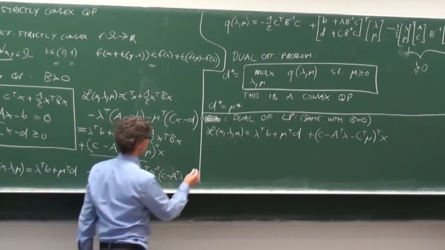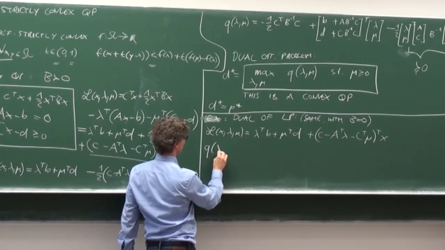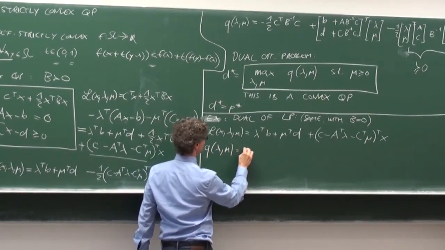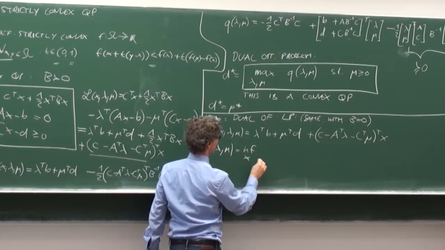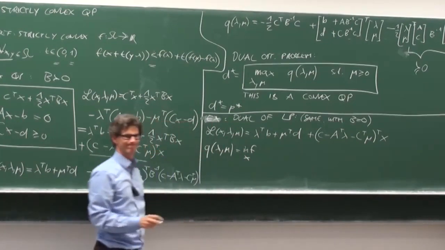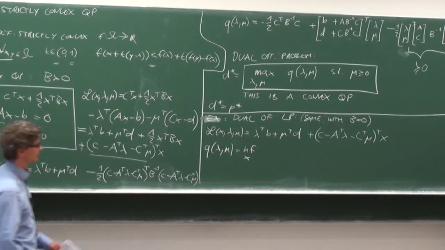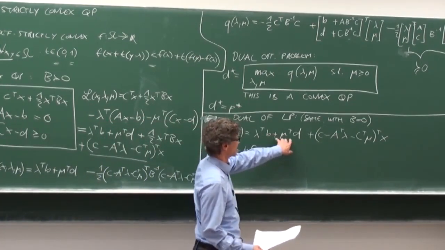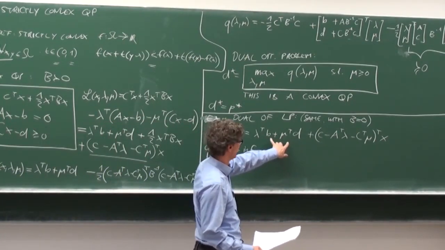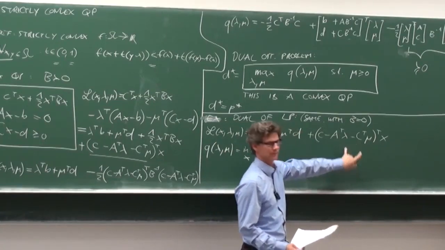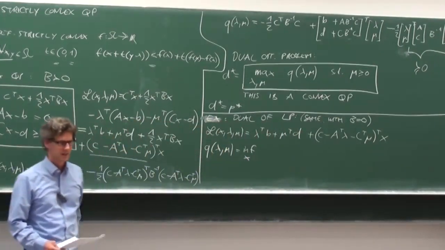And now we get the little problem. When we define q of lambda and mu, it will be the infimum over all x of this function, over all x, unconstrained. What you immediately see is that this term is of course constant, so it doesn't really matter, right? But this term is nasty.